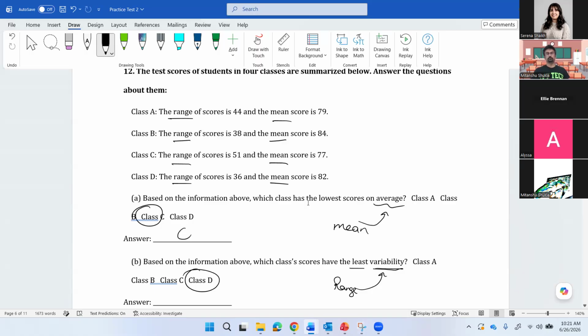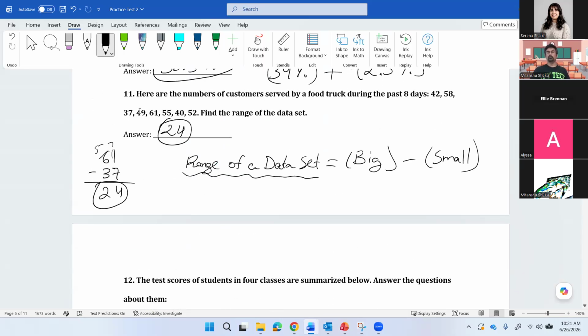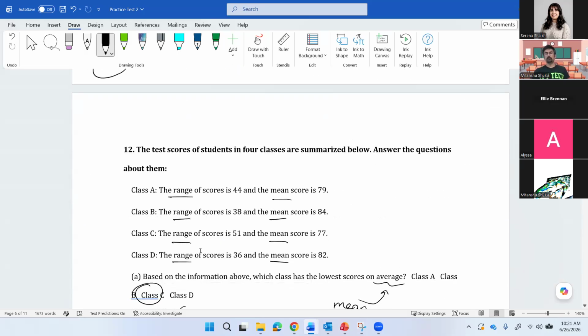So to find that, we would just subtract each class, to find the range. Range is always big minus small, just like in the previous one, right? But here they gave us the range. They told us that the range is 44, the range is 38, the range is 51, the range is 36.